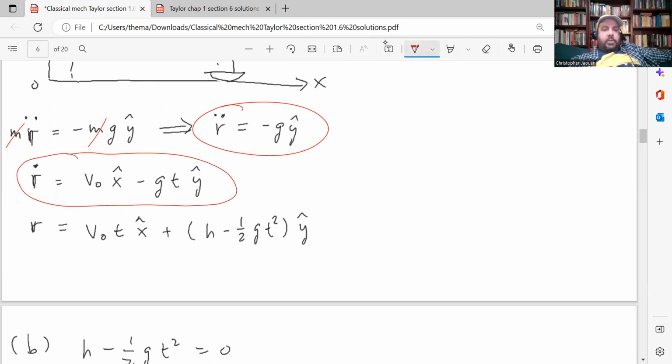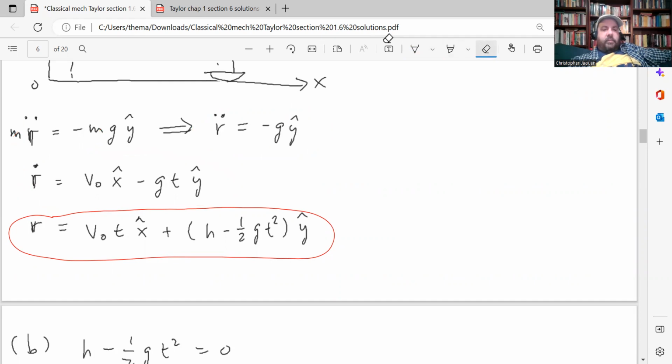You have to plug in the initial velocity to get the constants, and then integrate with respect to time one more time. That gives you the position, r equals v0 t x hat plus, in parentheses, h minus 1/2 g t squared, times y hat. And again, there you have to use the initial position to get the values of the constants. Once you do that, you get the position, which is this function here. So that's the answer for part A.